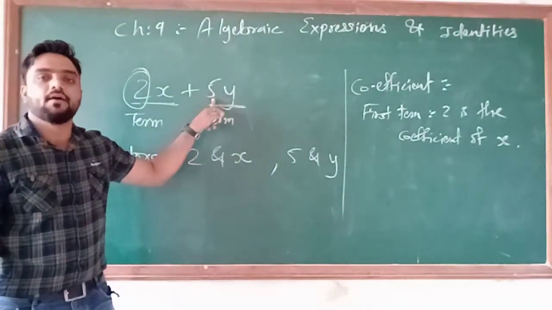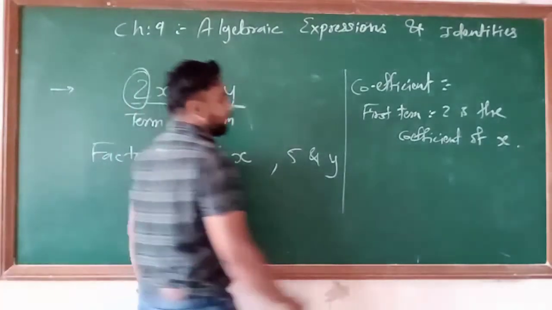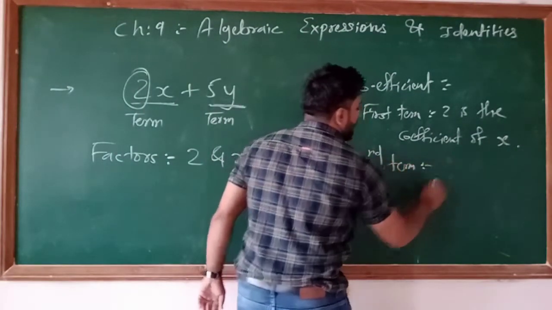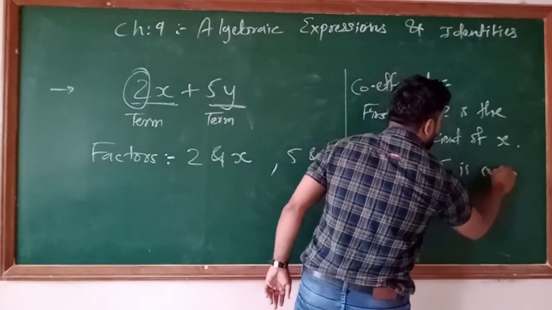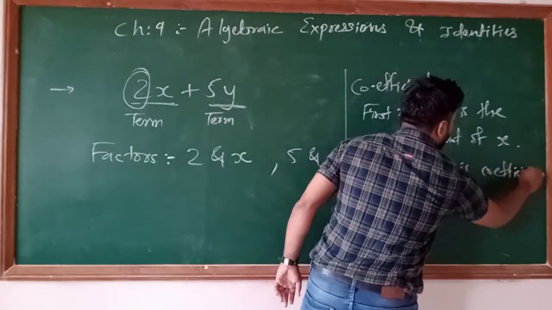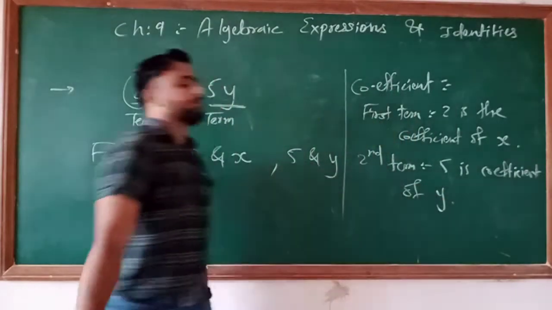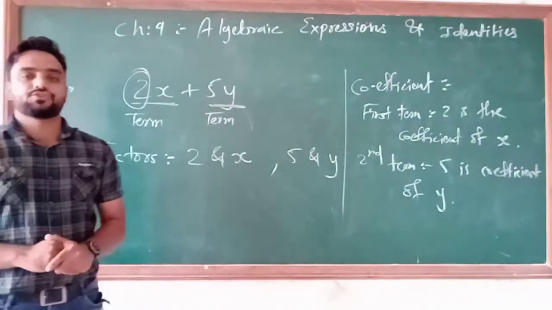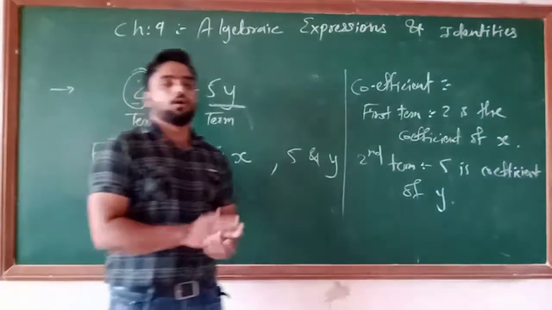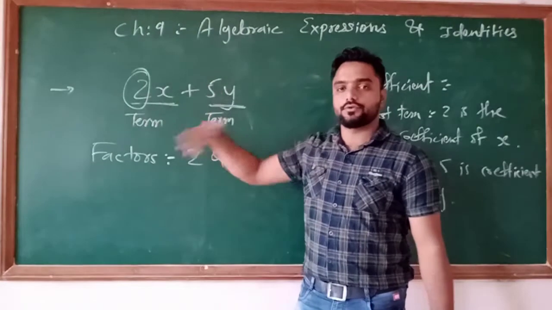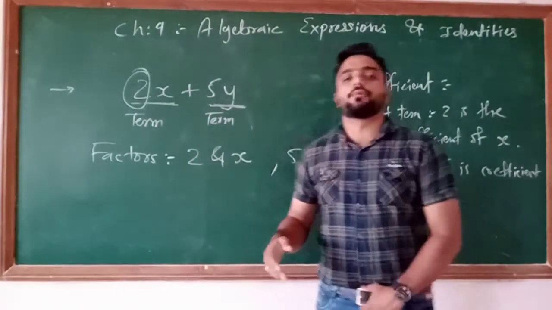It is 5. So for the second term, 5 is the coefficient of y. So we are clear about the terms. Look, within an expression, there may be 1, 2, 3, or whatever number of terms.